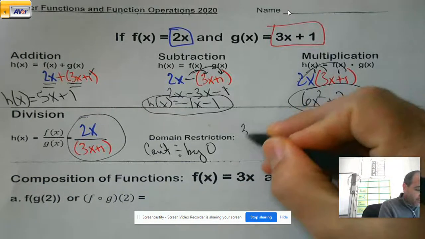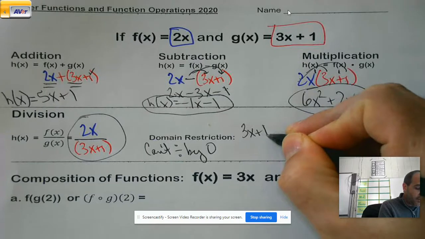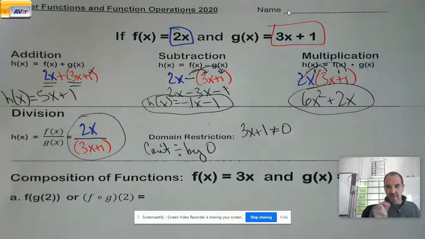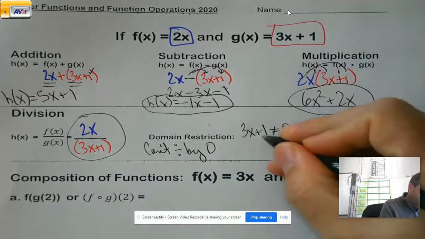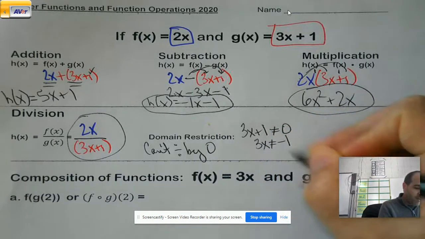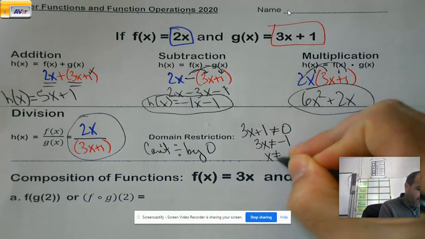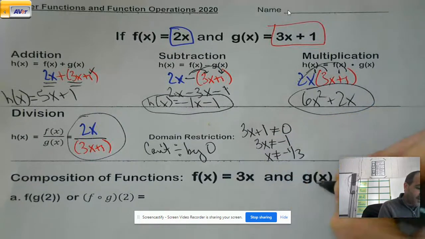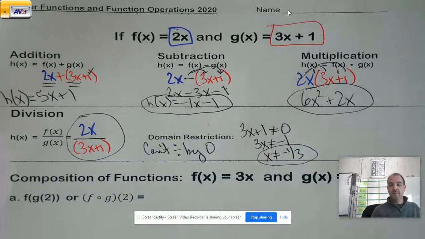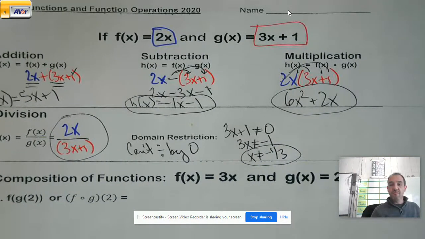So I need to make sure that 3x plus 1 never equals 0. So I got to do a little bit of math here, just a little bit. So I'll minus my 1 over and divide by 3. Okay, so my domain restriction is x can't be negative 1/3.